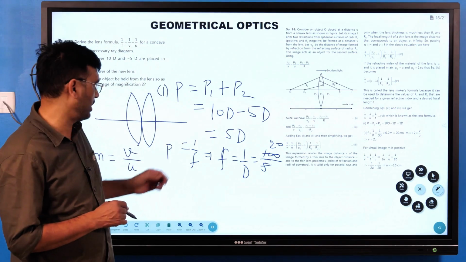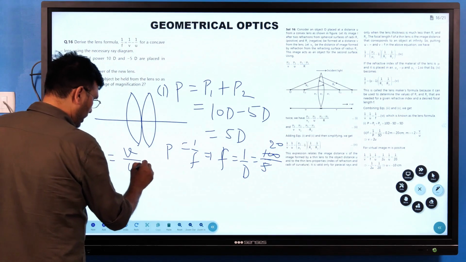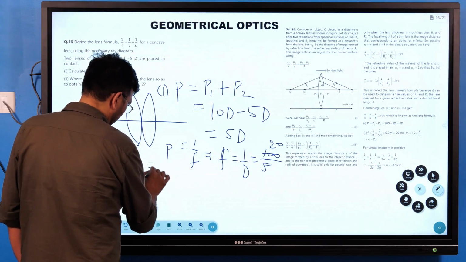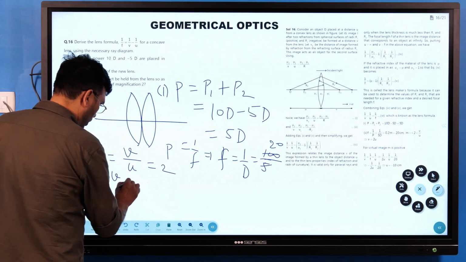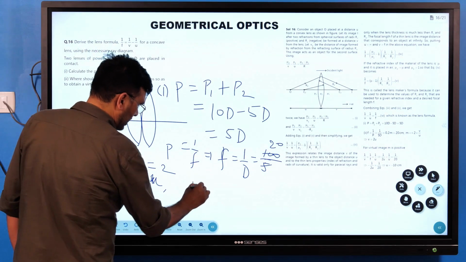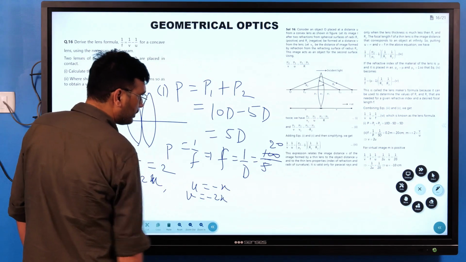Then one will get a virtual image. So here u and v both will be negative. It's given m = 2, so v = 2u. Let's take u = -x, so v is also -2x.